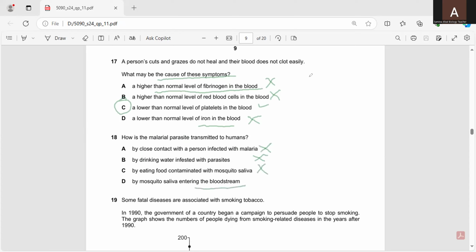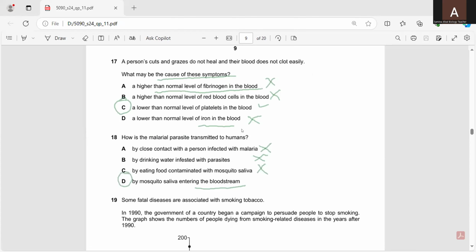If a mosquito bites a person, the mosquito will transfer its saliva, which has plasmodium inside, into the bloodstream of the healthy person. So it will cause malaria in the person who has this mosquito saliva in the bloodstream. So D is the correct option in this case.